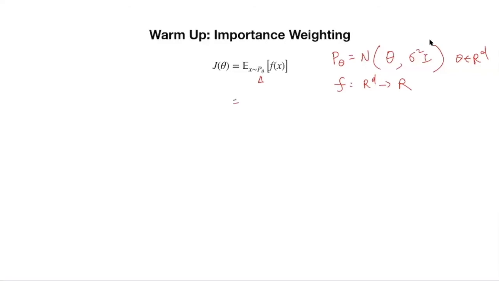Because if you write this out, this is the integral over x of p theta of x times f of x, dx. So if you do a gradient update, we can push the gradient inside the integral.